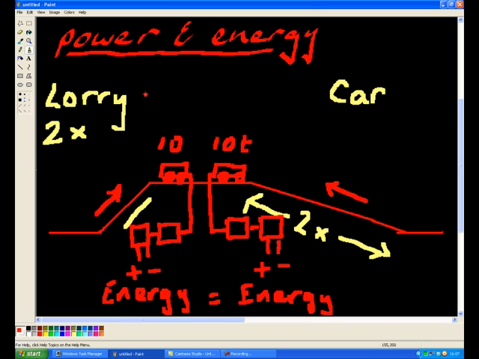So therefore we can say the lorry has 2 times the power of the car. And we know, in everyday life, that sort of makes sense, doesn't it? Lorries are much stronger than cars.